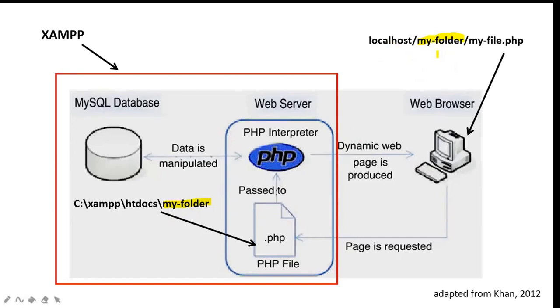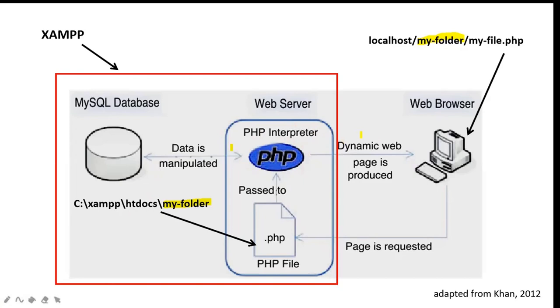So localhost / your folder name / then your PHP file name along with the extension, that is .php. So I hope this diagram will explain a lot of things. That is how we run a PHP script.